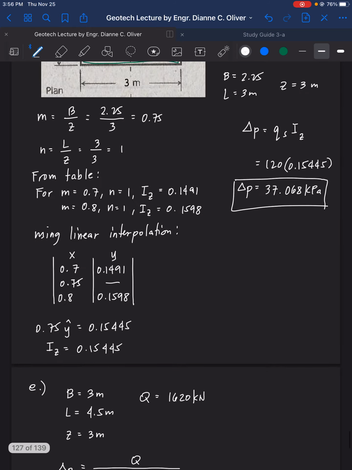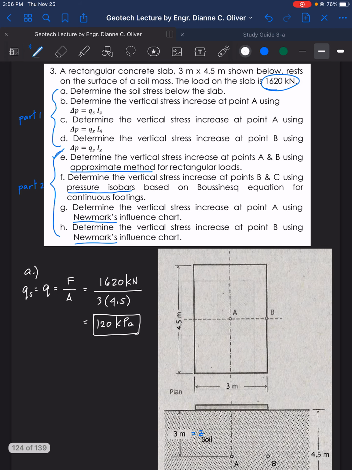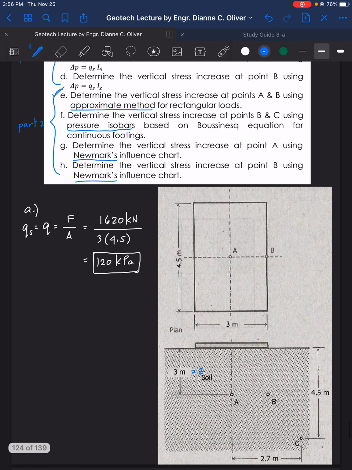Right? So let's go back to the question. Letter F, determine the vertical stress increase at points B and C. So the points here from the figure, we're looking for points B and C. Point C is located somewhere here.